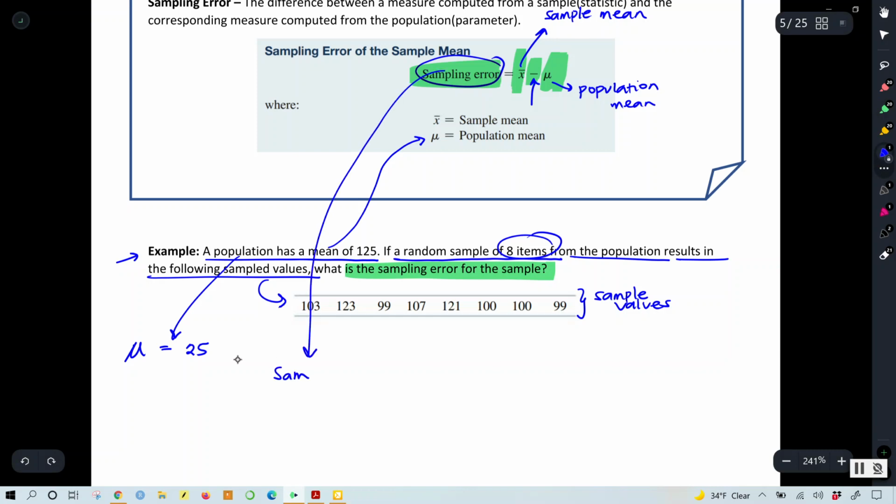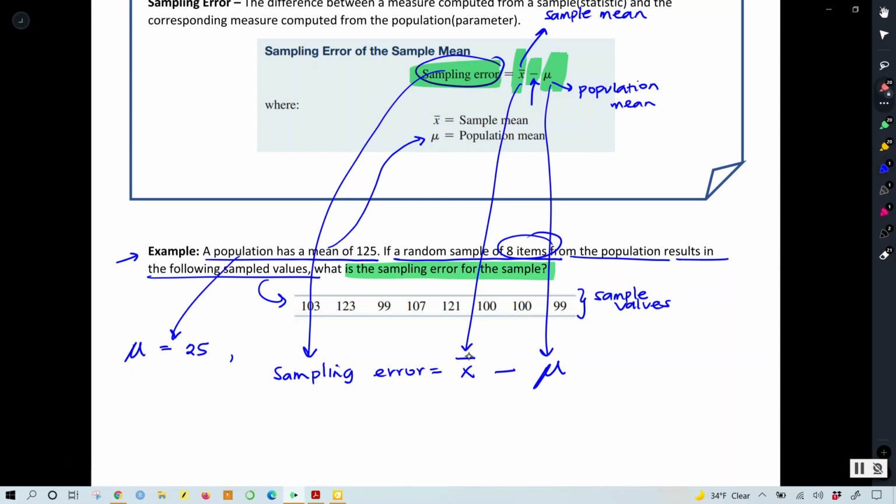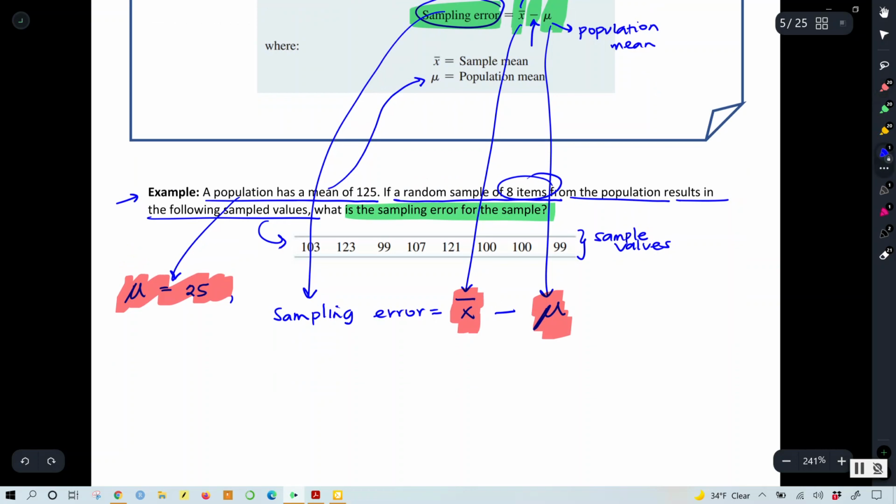So the sampling error in this case is the sample mean minus the population mean. So on my recipe, I need two ingredients, the sample mean and the population mean. I have the population mean already. I only need to first find the sample mean.